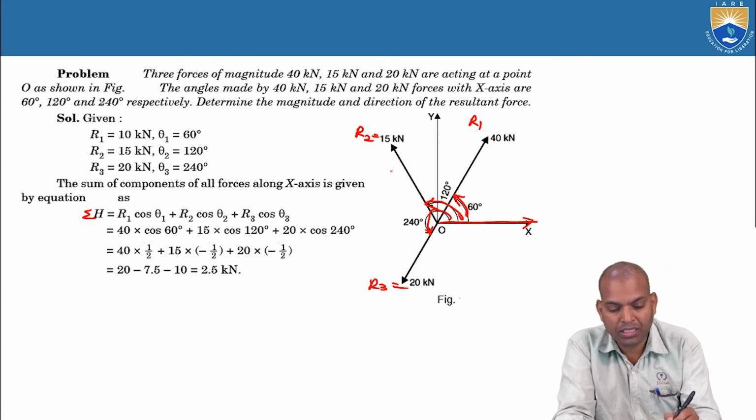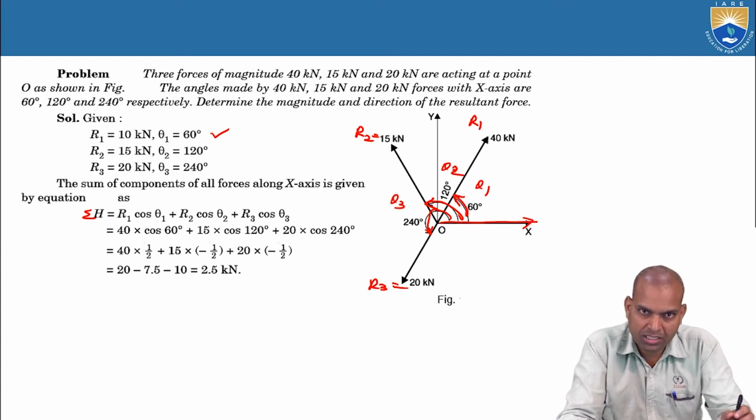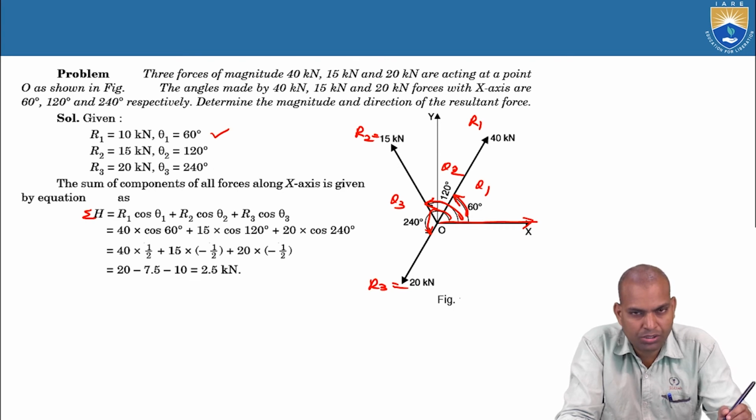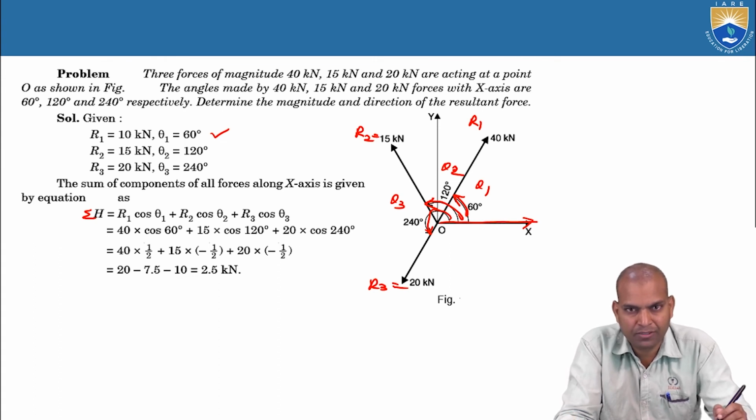Then sigma H equals R1 cos theta 1, where theta 1 is 60 degrees, plus R2 cos theta 2 plus R3 cos theta 3. Why this case? Because we consider all angles with respect to the positive x-axis OX.